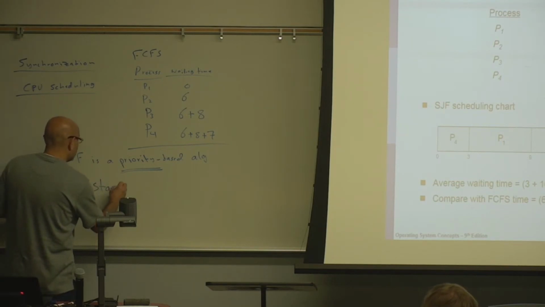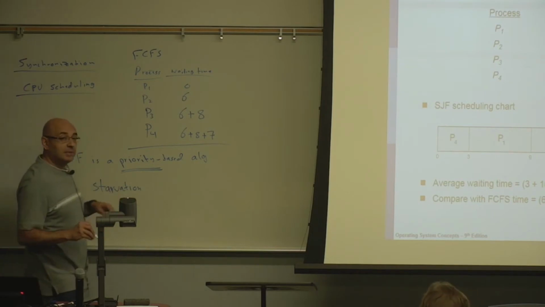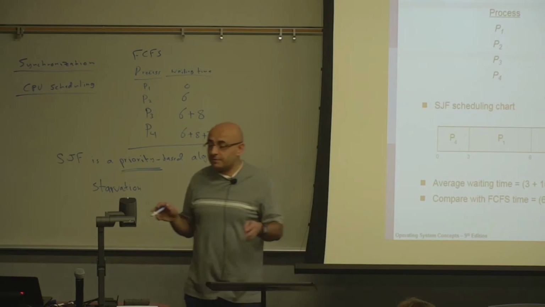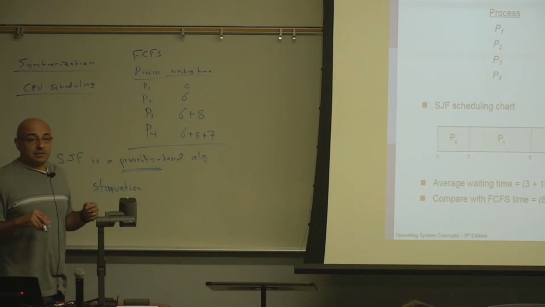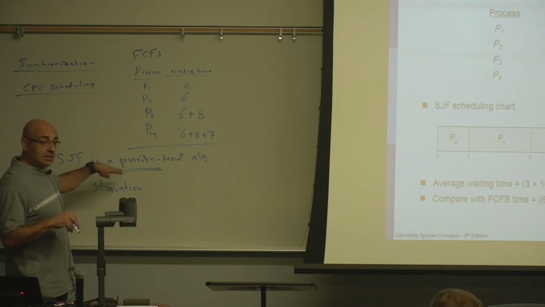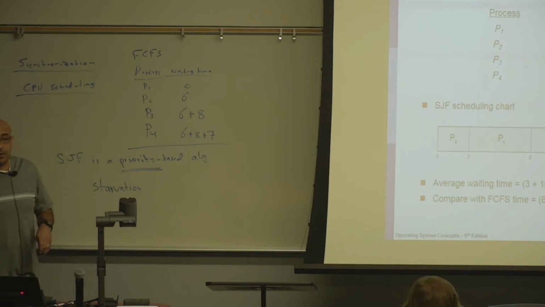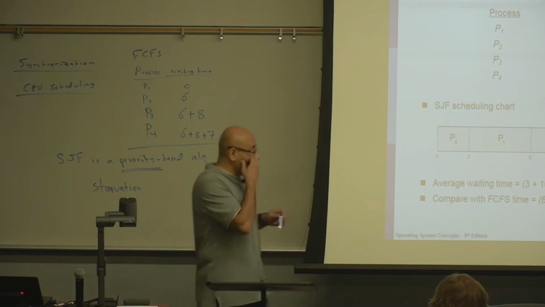So what you just described is a starvation problem. Remember, when there are priorities, you have the risk of starvation, because lower priority processes, which are processes with longer CPU bursts, will have lower priorities and may be waiting for a long time in the queue.